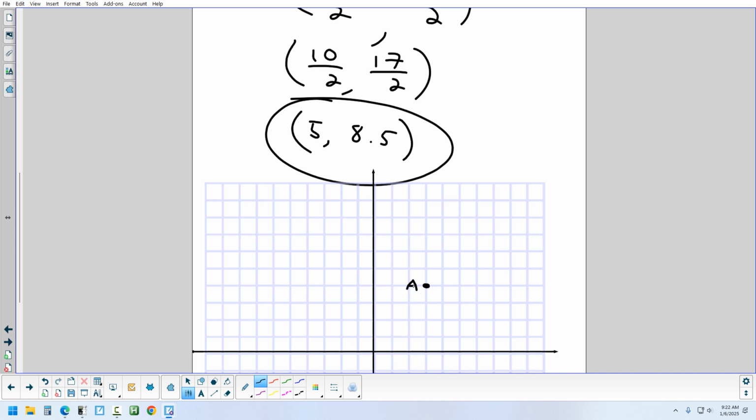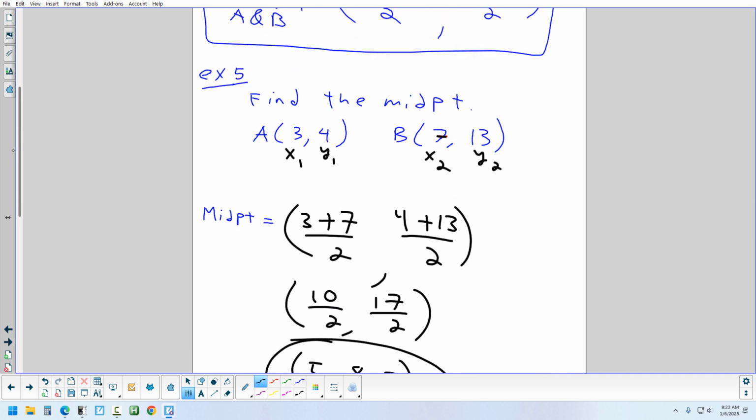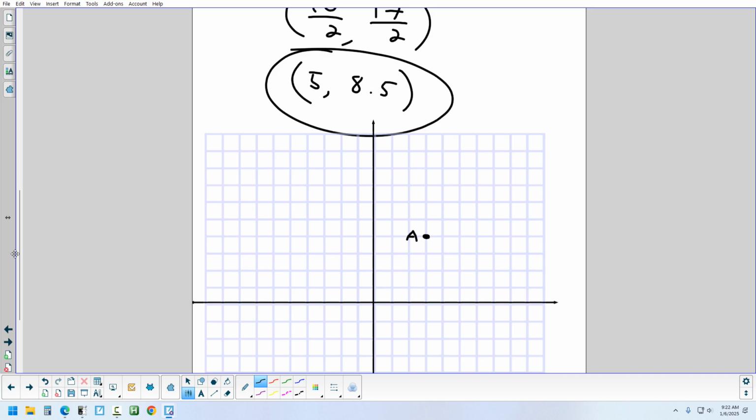I'm going to have to estimate one of them because 13 goes off my graph. 7, 13. So 1, 2, 3, 4, 5, 6, 7. That's 10. And now I need 3 more units. So what I'll do to get it pretty accurate is I'll just measure 3 units, stack that on the end of 10, put my dot right there.